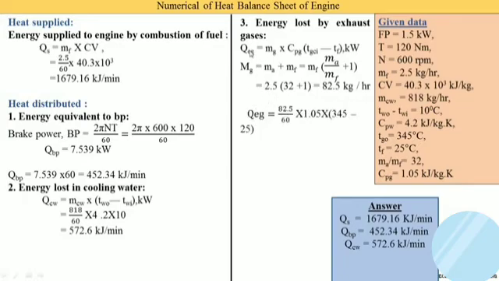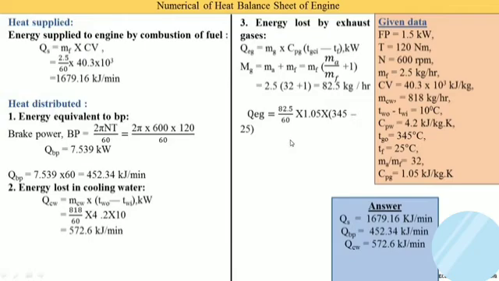Now we put this value in the equation of QEG. So mg is equal to 82.5, it is in hours, so again we need to divide it by 60. Cpg is given as 1.05 kilojoule per kg Kelvin, and the temperature of exhaust gas is 345. This temperature of exhaust gas is directly supplied to the calorimeter, so it is by default the input TG1, 345.